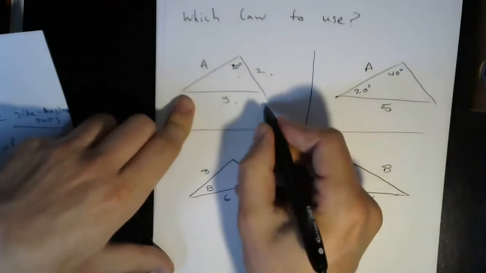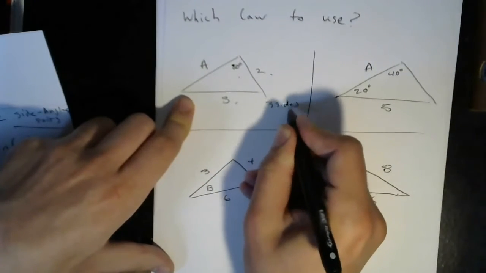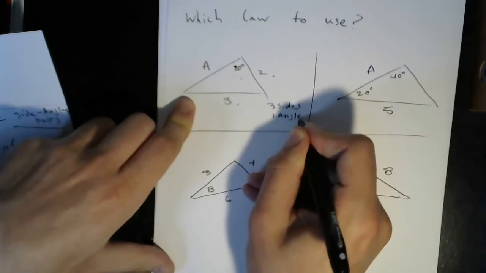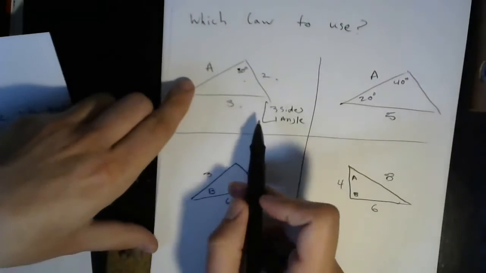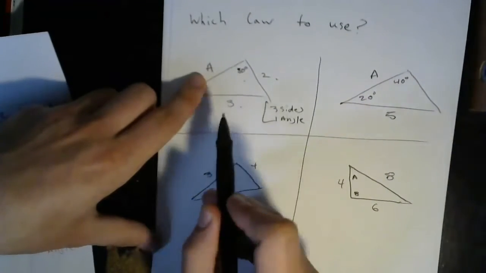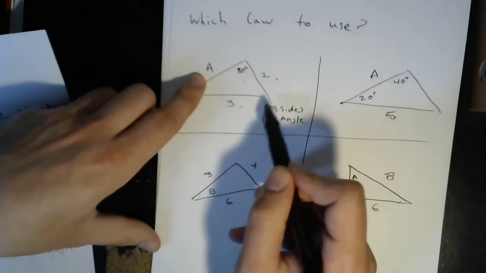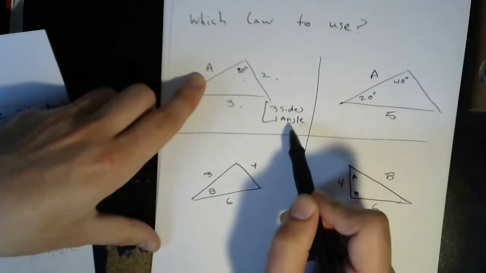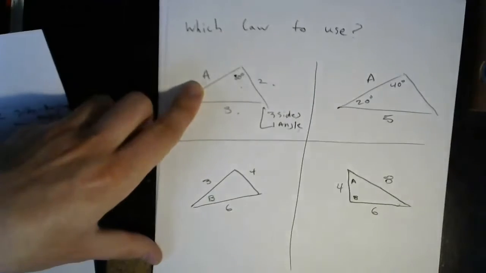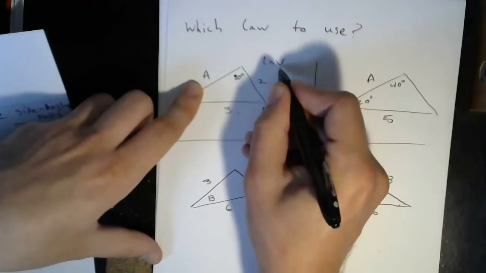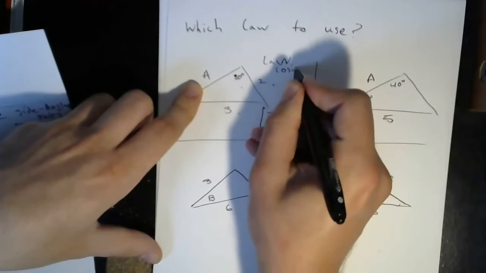So this is 3 sides, 1 angle, and there's only 1 unknown. That's the key. You can't have more than 1 unknown. One of those is unknown, the other 3 are known. So this is law of cosines.